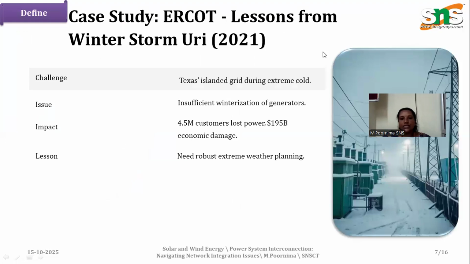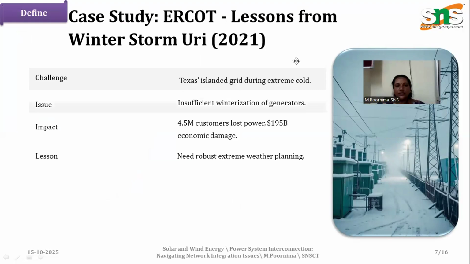Here is another case study, on Texas. The challenge: installations during extreme cold. The issue: insufficient winterization of generators. The impact: 4.5 million customers lost power, with a cost of $195 billion in economic damages. The lesson learned is the need for robust extreme weather planning.